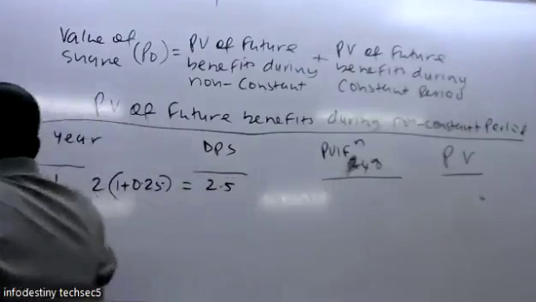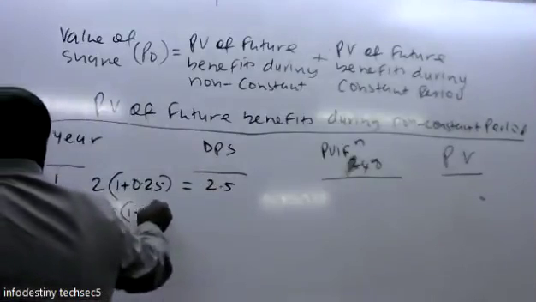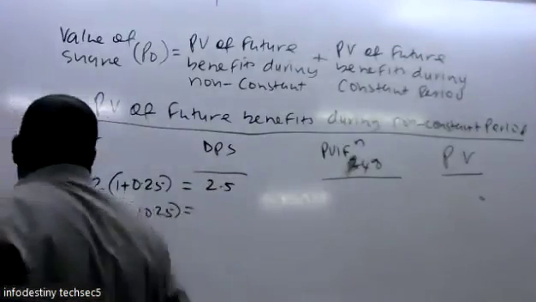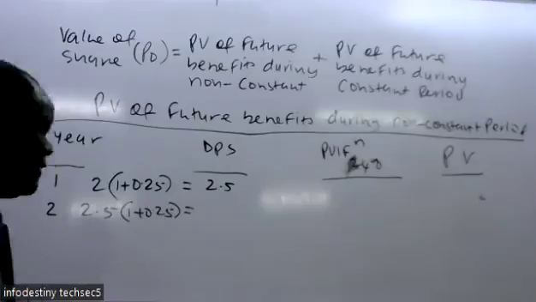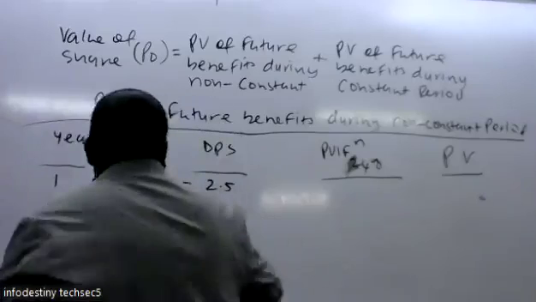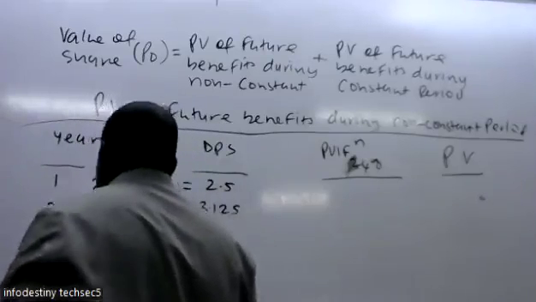Then when it comes to year 2, you also take 2.5 and increase it by 25% to get the one for year 2, because the growth rate was 25% for the first 3 years. That gives 3.125.